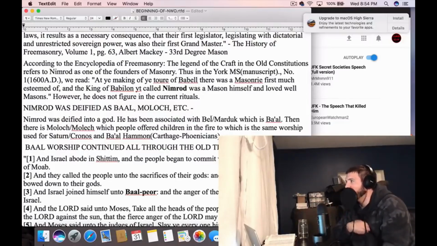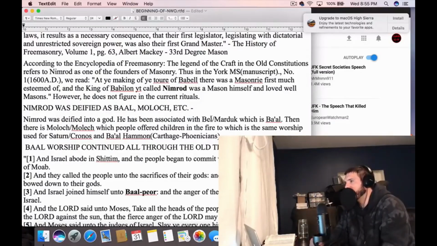But before we get into that, just a little fact about Freemasonry, all right? They swear oaths in every degree that they're in, to help out fellow brethren of the craft, and fellow Masons if they get into trouble.